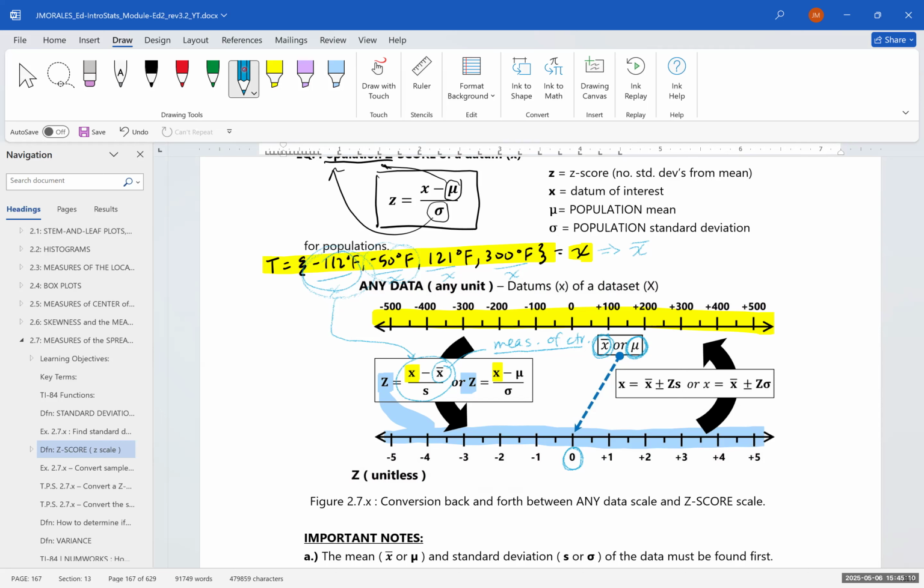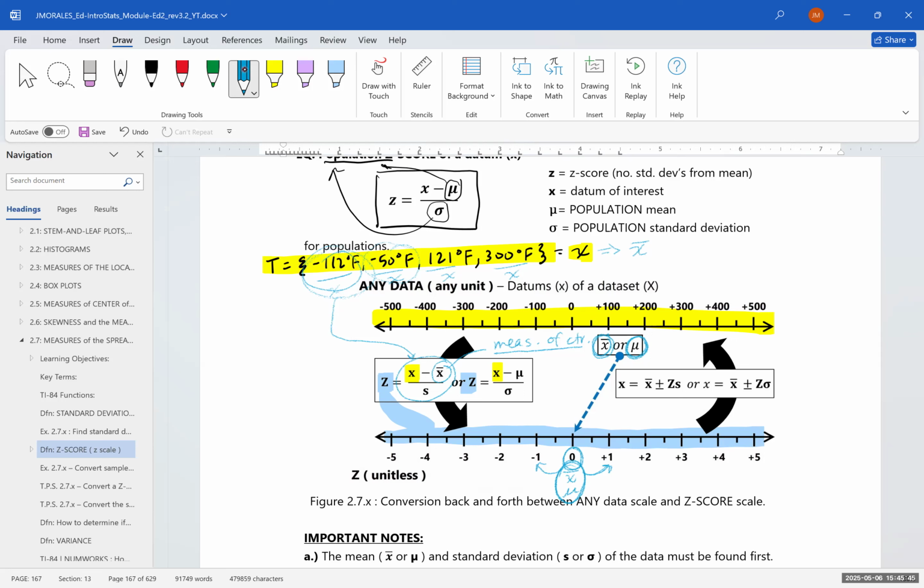So a zero on a z-scale represents the sample mean or the population mean, the very center of the data. And you'll notice that the z-scores are +1 to the right, -1 to the left. So these are values relative to the center or the mean of your data.